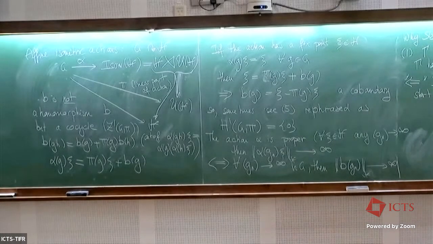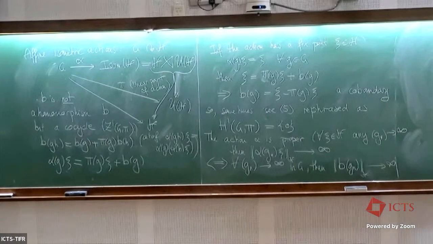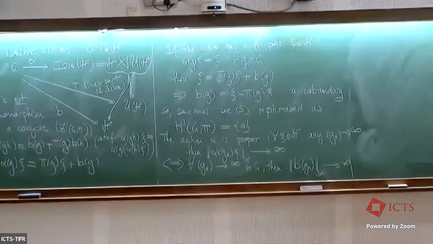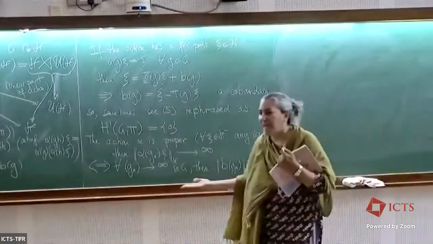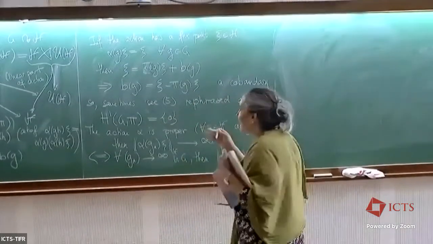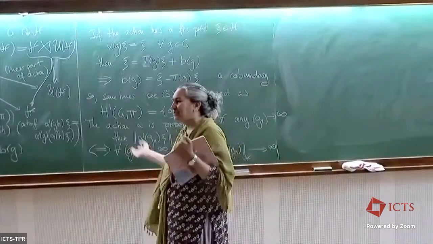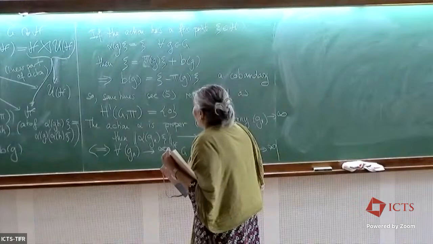And so that's how you can go from unitary actions with almost invariant vectors. So okay, this is how you go from unitary operators to actions.